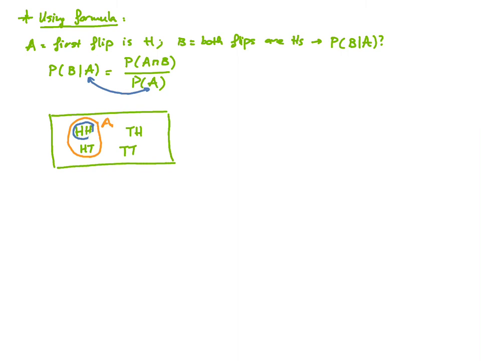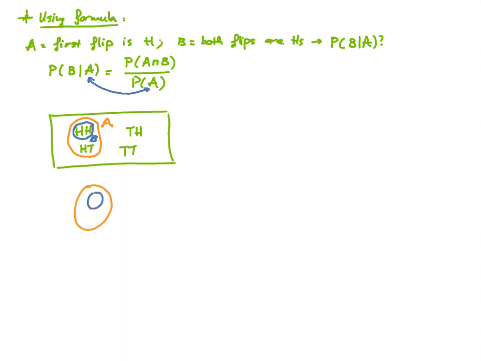Now if you look at those two events in the Venn diagram, what is the intersection of A and B? You have one event being the bigger circle, and then the other event being a smaller circle within that bigger circle, right?